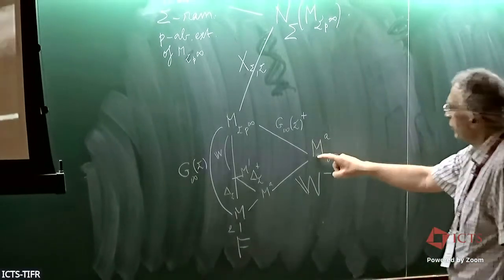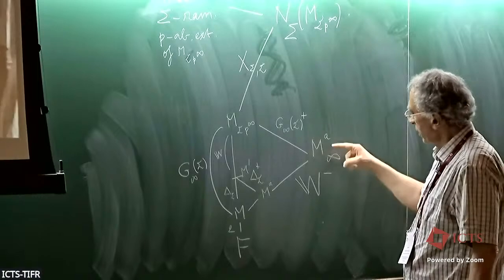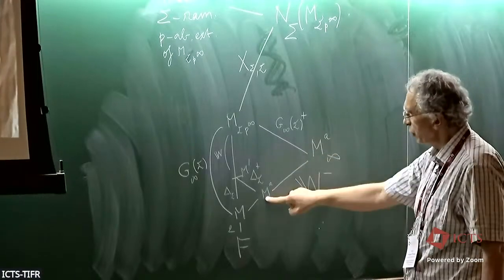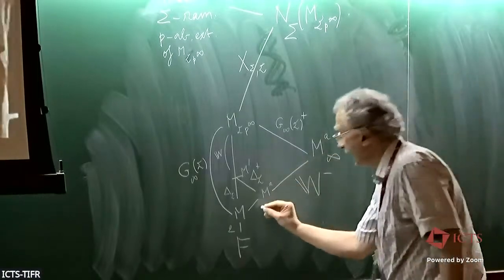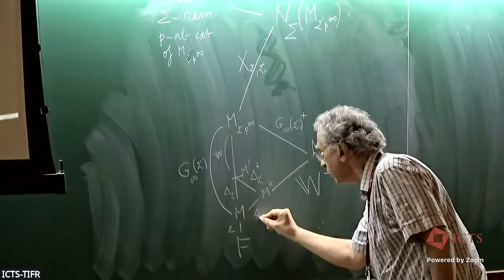This is the anticyclotomic extension of MA, and MA has Galois group delta C anticyclotomic.